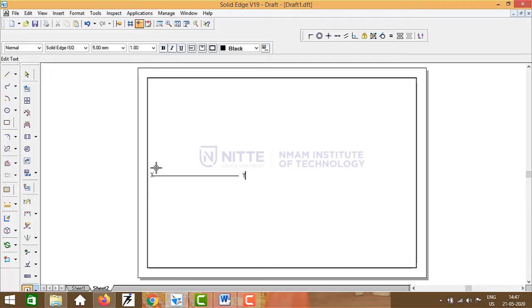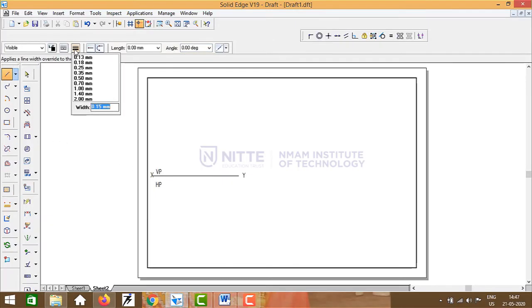Mark VP, HP. Draw the pentagon now. The pentagon should be drawn in such a way that one of the base edges is parallel to VP and nearer to VP. So this edge is parallel to VP and nearer to VP.